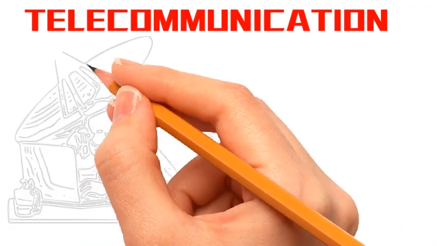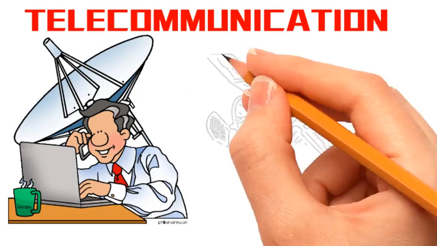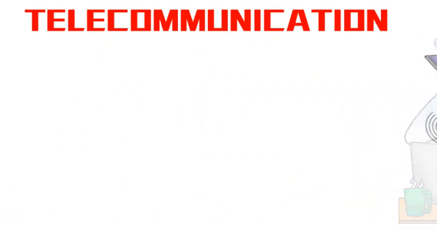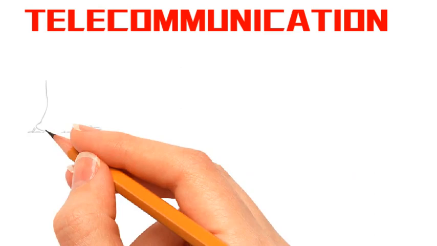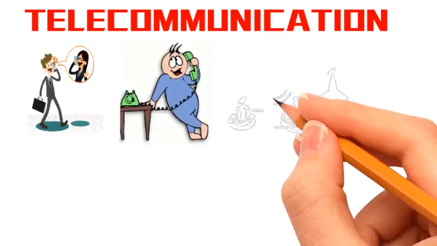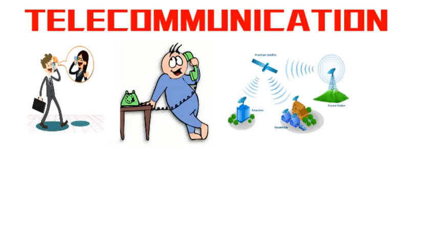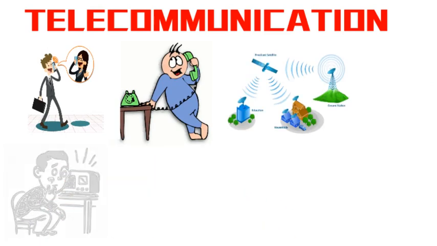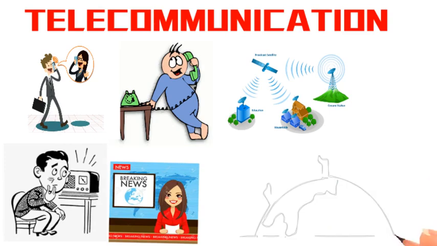Telecommunication. Telecommunication is the transmission of messages over significant distances for the purpose of communication. Mobile phones, landlines, satellite phones, voice over internet protocol, radio, television, and networks are some examples of telecommunication.